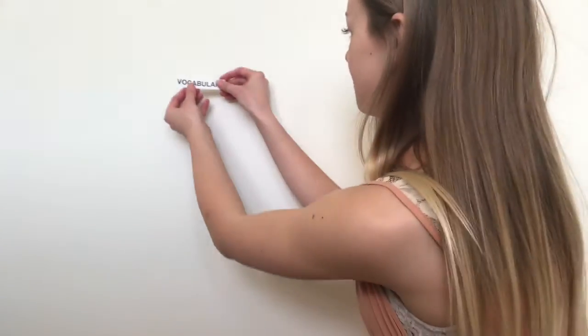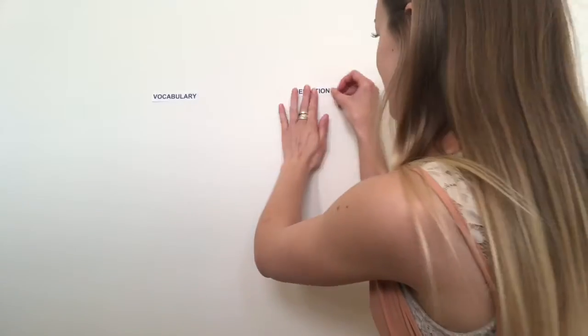So what I would like you to do with your piece of paper is go ahead and write 2 words in 2 different columns. So the first word I want you to write down is vocabulary, and I will zoom in on that if you need it. And the second word that you will write down is definition.